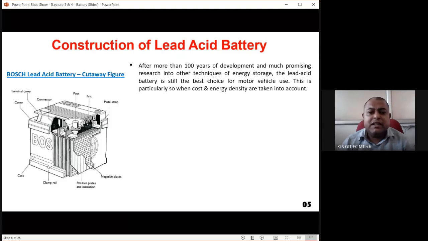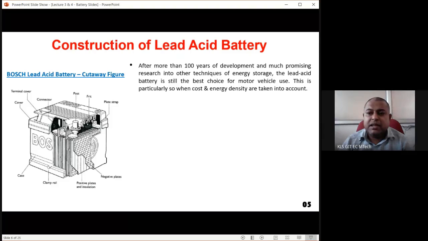So this is particularly so when cost and energy density are taken into account. So energy density means cost per unit energy. So how much value you are giving to procure that component, how much cost you are paying to procure that component, and how much unit of energy it is producing. So from there, per unit energy cost we calculate. So for lead acid battery, per unit energy cost is very low.